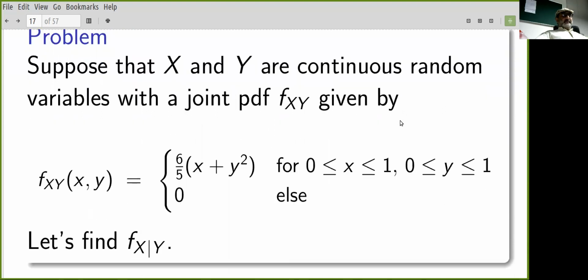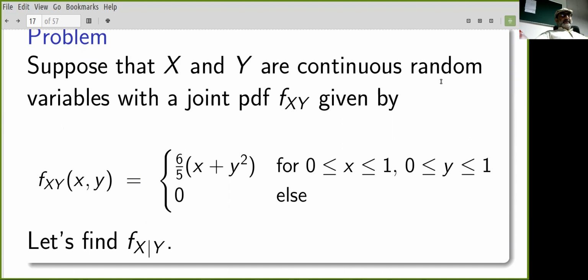Okay, so let's do an example. I'm going to give you the joint PDF, and we're going to find the conditional PDF.